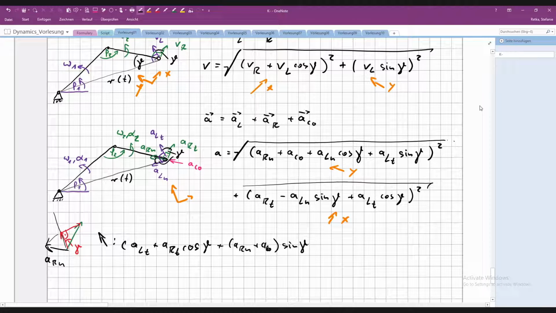And for the other direction, you have to simply change cosine and sine, swap them. Oh, yeah, exactly. And then ALN would be the other direction. Okay, other questions?